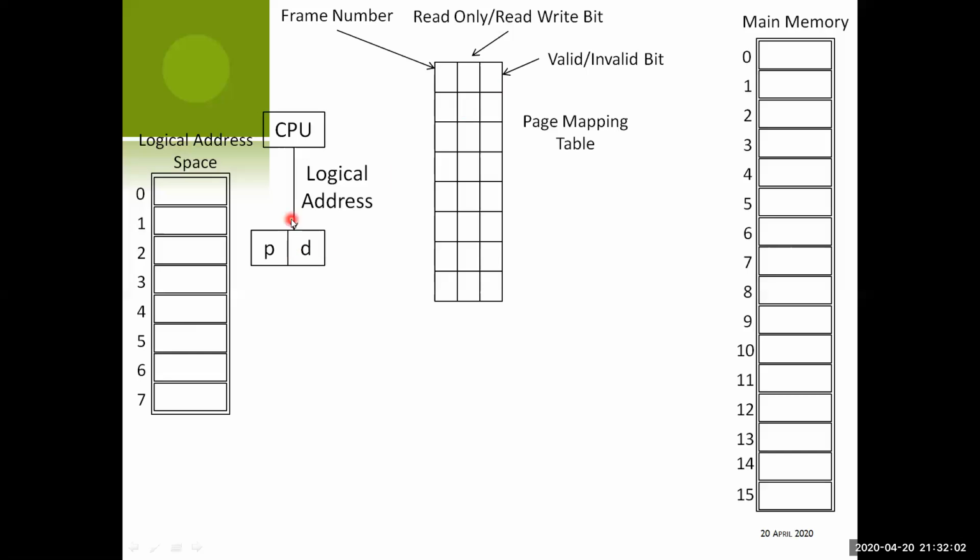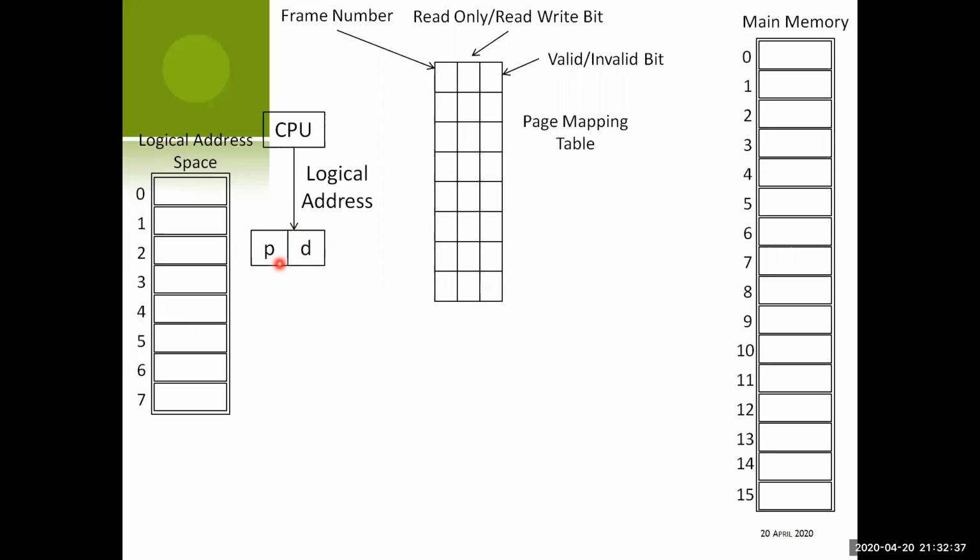Using the logical address which the CPU has generated, we find the page number and offset. The page number is found by integer division of the logical address by the page size, or frame size, whereas the offset is found with the modulus operator by the page size.